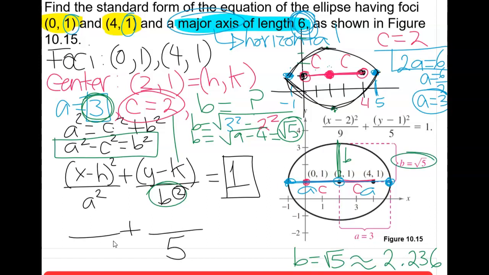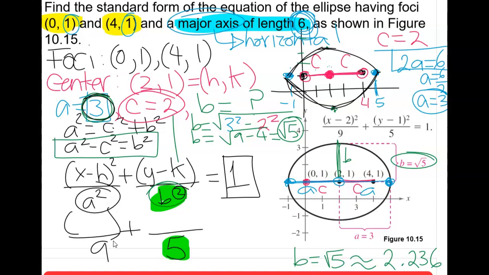So with that, let's go ahead and finish our equation. For b squared, I substituted that with a 5. Now for a squared, we're going to use 3 and then square it. So 3 squared is equal to 9. And for the x minus h, we do have the values for x and h.